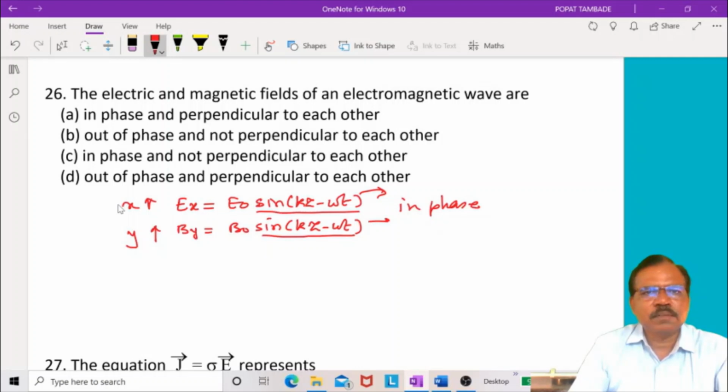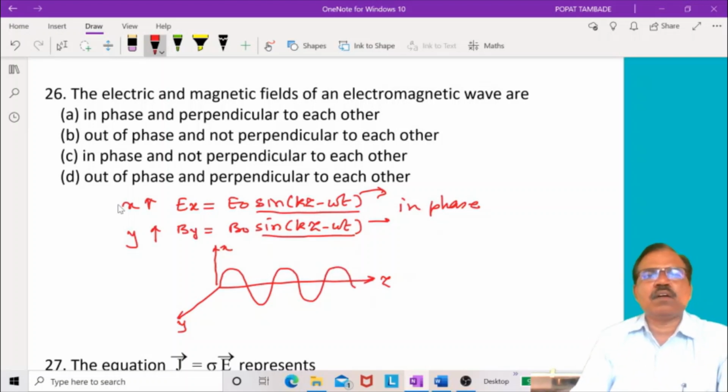So what happens here? Suppose this is z-axis, this is x-axis, and this is y-axis. So here electric field will vary like this, that is perpendicular to z, along x.